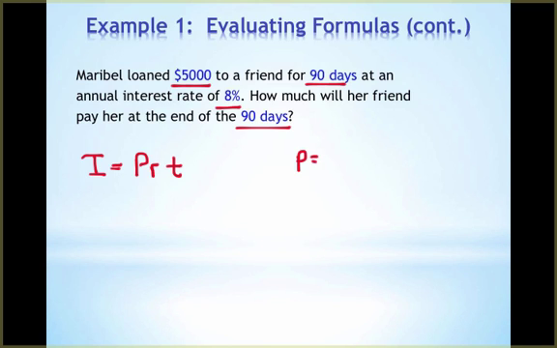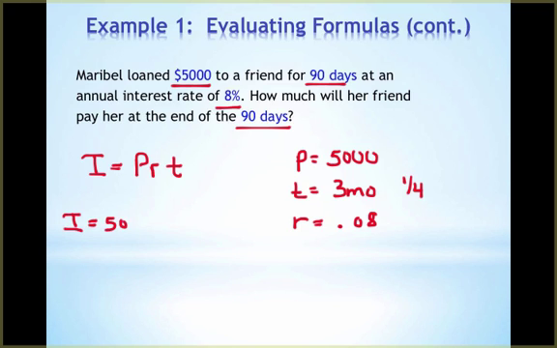So our principal is $5,000. Our time is 90 days, which we're going to assume that that's going to be 3 months or a fourth of a year. Our rate is 8%, but we're going to make that 0.08. Our formula for interest would be our principal, $5,000, times our rate, 0.08, times our time, which is 1/4, or 0.25 if we want to use decimals.